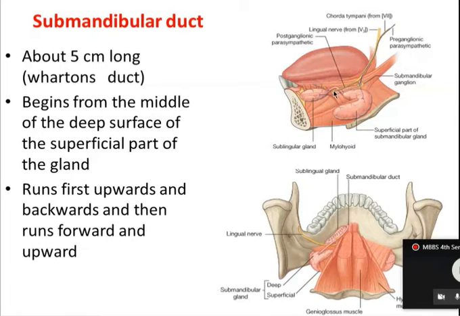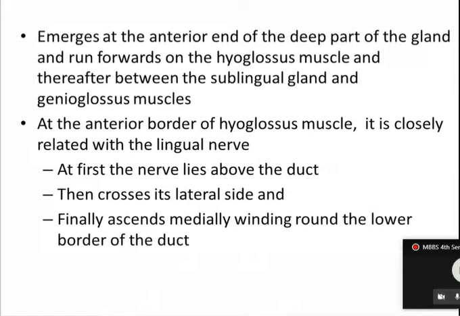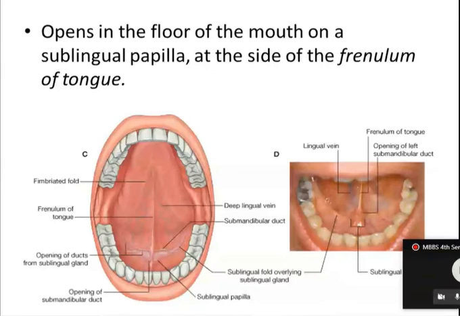Okay, so this is the course of the submandibular duct in relation with the lingual nerve. So first of all, the nerve lies above the duct, then crosses it to the lateral side and finally ascends medially winding around the lower border of the duct and the duct opens in the floor of the mouth.